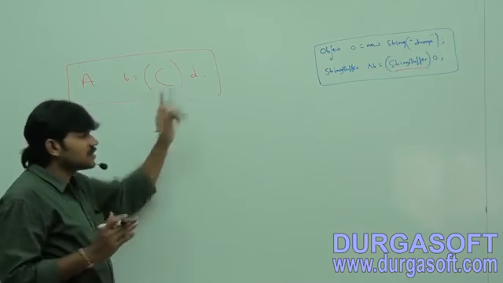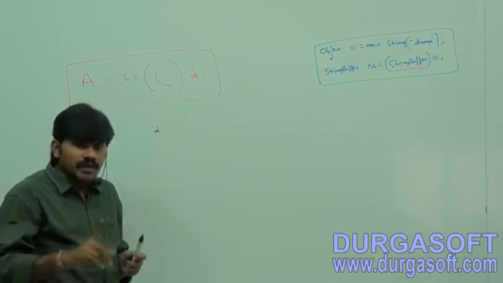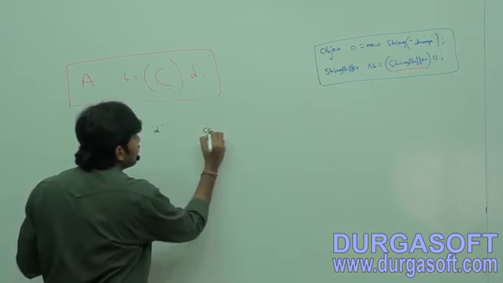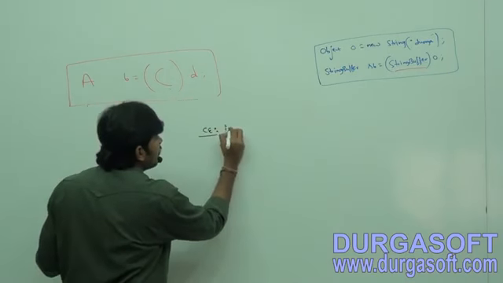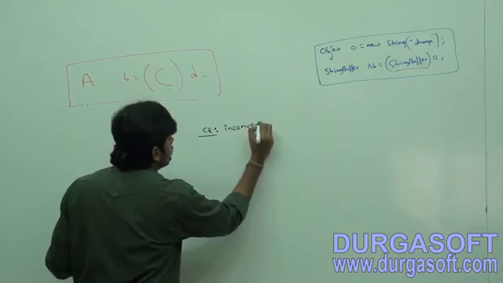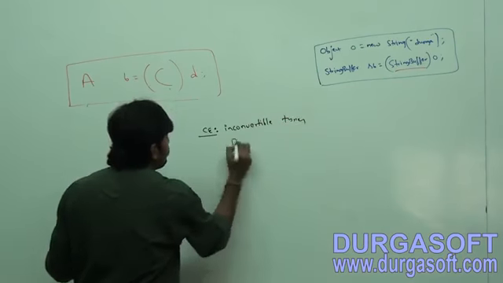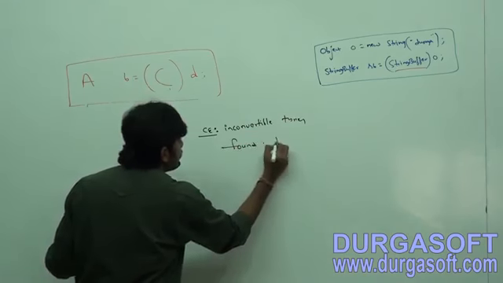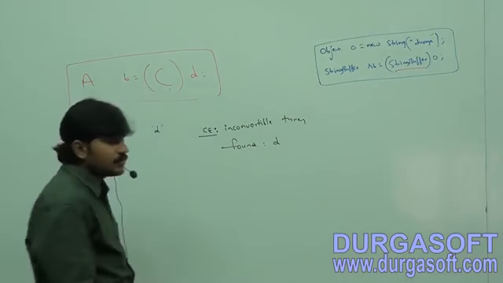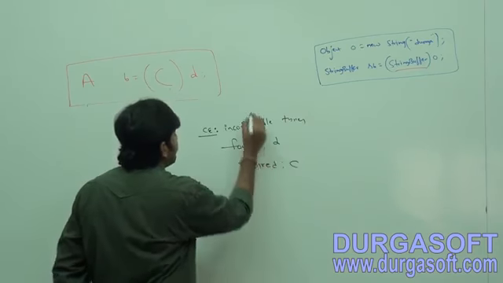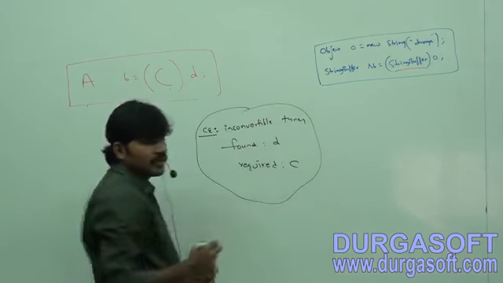Otherwise, if the relation is not there, immediately we will get a compile time error saying inconvertible types, found D, required C. This is the compile time error we are going to check.